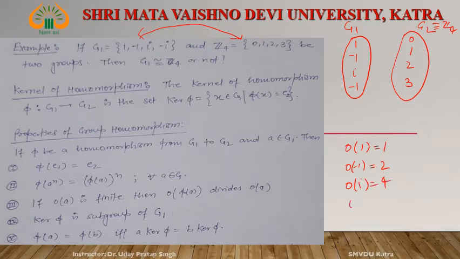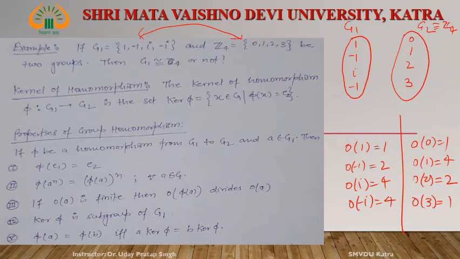This is 4. What is the order of minus i? This is 4. Similarly here, the order of 0 is 1. What is the order of 1? It is 4. What is the order of 2? Order of 2 is 2. What is the order of 3? This is 4, right? Then see, there is one element of order 1 in both groups, one element of order 2 in both groups, and two elements of order 4 in both groups.